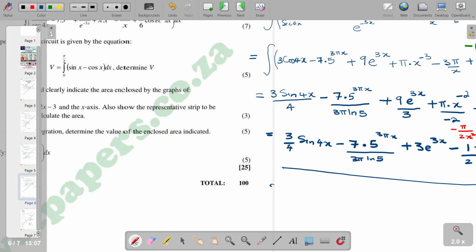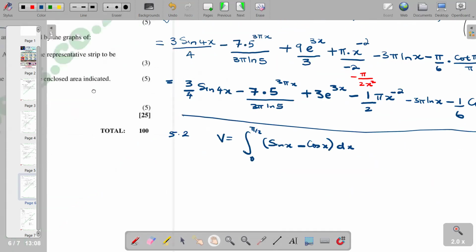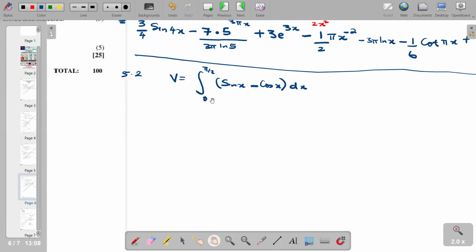They are saying V is equal to the integral from 0 as our lower limit to pi over 2 as our upper limit, of sine x minus cos x. We are integrating that. This is the equation here. Then they are saying determine the value of V. So to determine the value of V, it simply means you have to solve here.